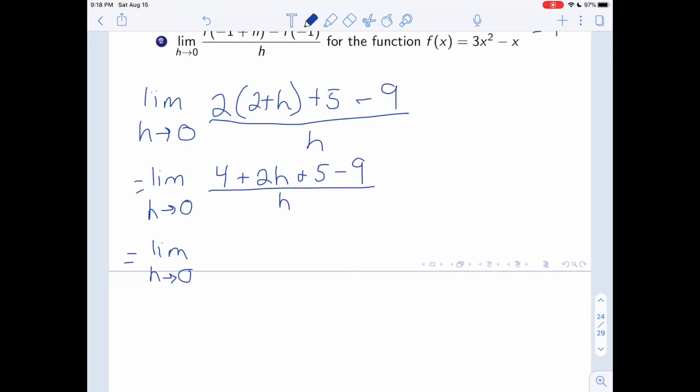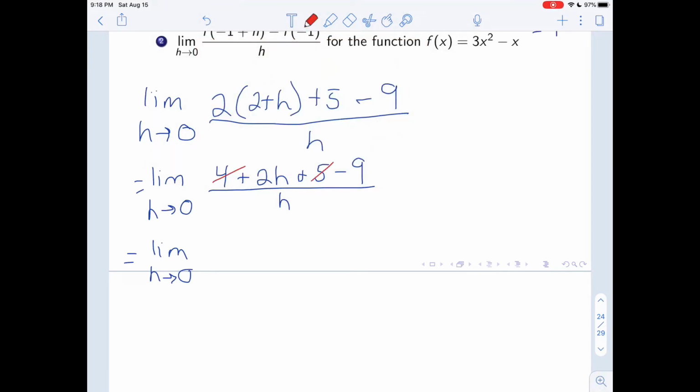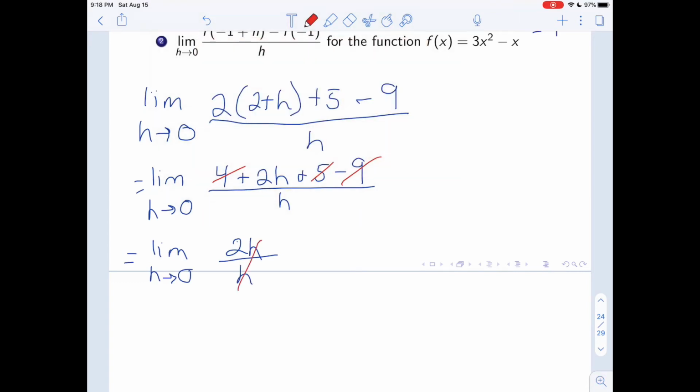Got some like terms going on here. 4 plus 5 minus 9. That actually all cancels out, because 4 plus 5 makes 9, and when you subtract 9, you end up with 0. So now I'm down to just 2h over h. And now the h's cancel, and so I'm down to the limit as h approaches 0 of 2.